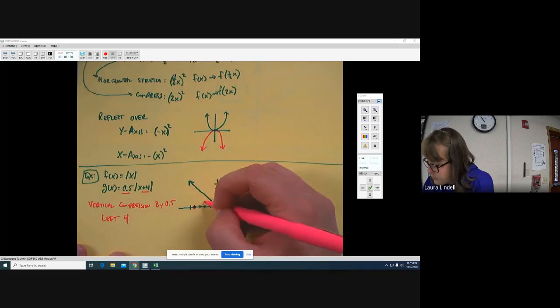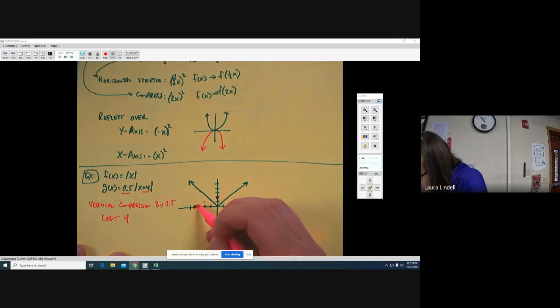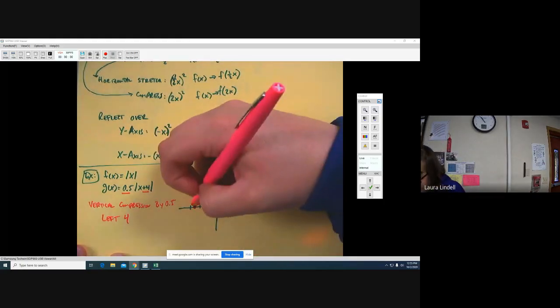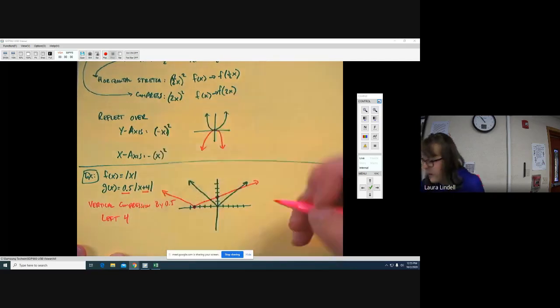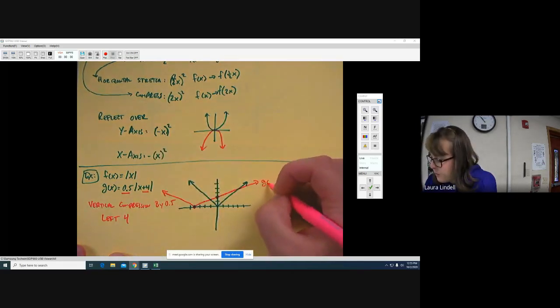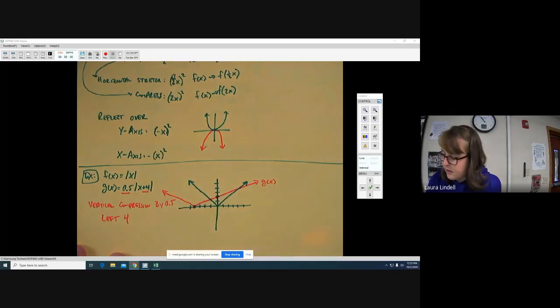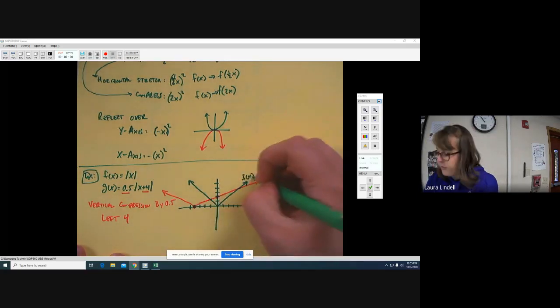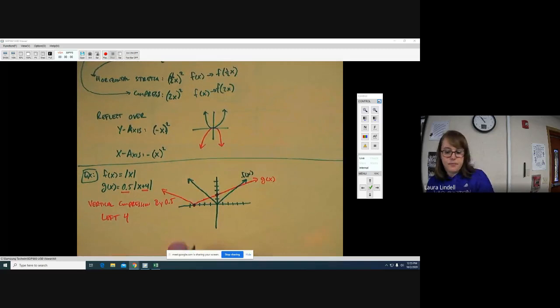So I go up 1/2, 1/2, and it ends up looking something like that, and going out by that same slope in the other direction. So the pink one is g of x, the green one is f of x, and that would be our new graph.